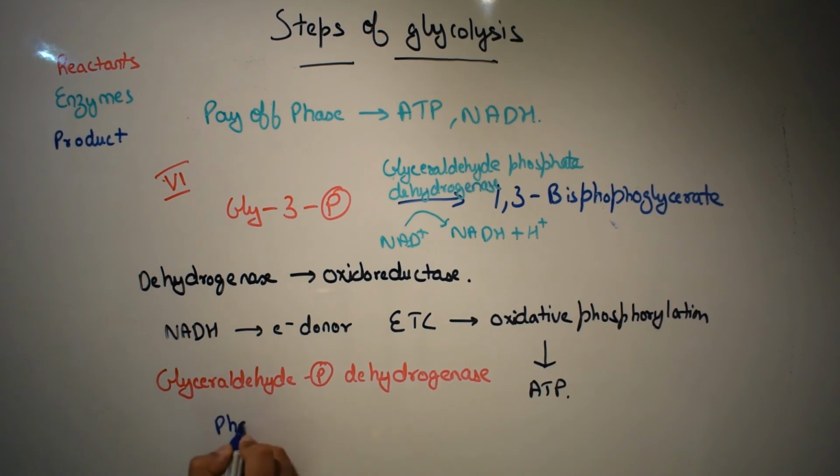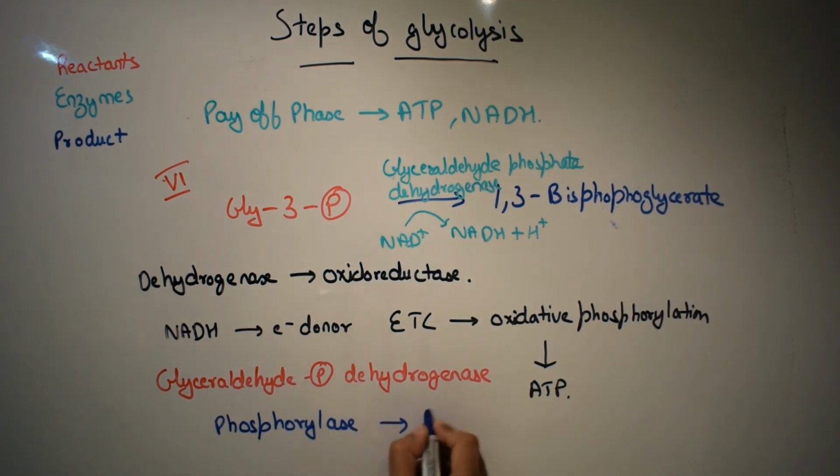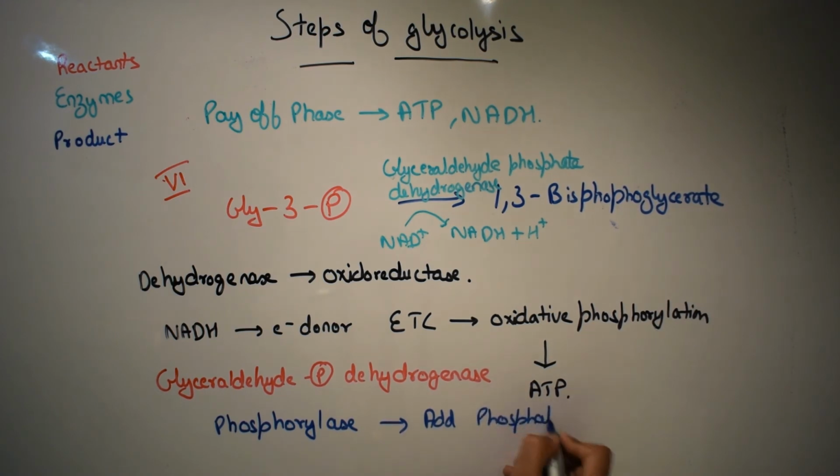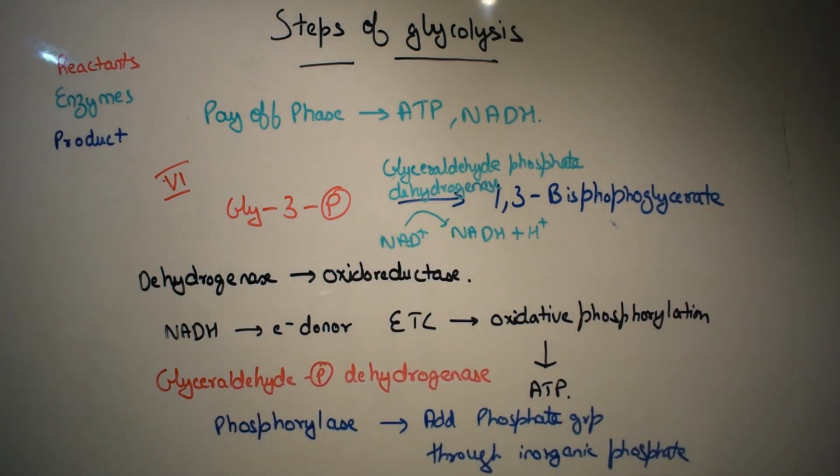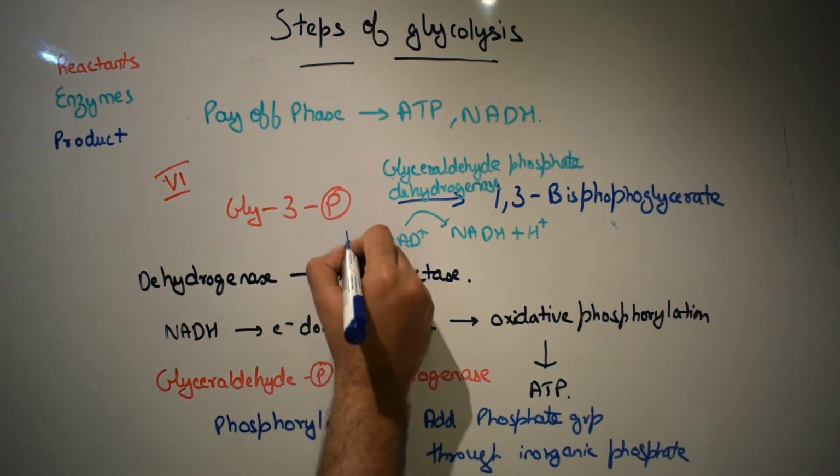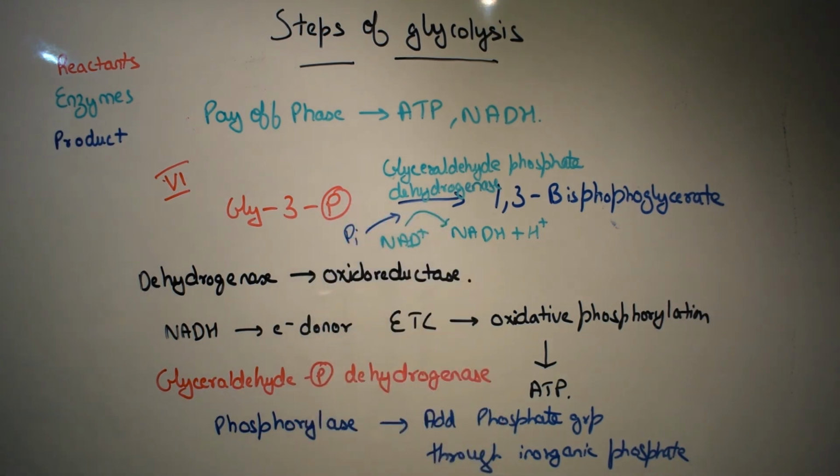Okay, so I have talked about phosphorylases. What they do is that they add phosphate groups through inorganic phosphate. So it adds a phosphate group to the substrate. So here we also add a phosphate group in the reaction which makes up the whole process.